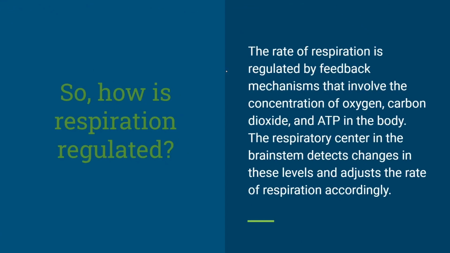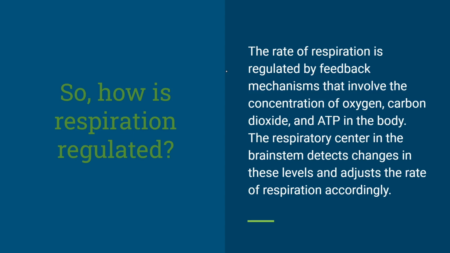So, how is respiration regulated? The rate of respiration is actually regulated by the feedback mechanism that involves the concentration of oxygen, carbon dioxide, and ATP in the body. Feedback mechanism is just like we have positive feedback mechanism and negative.